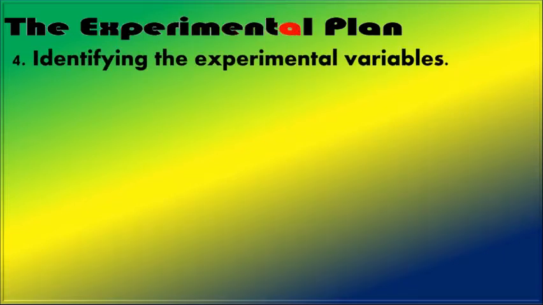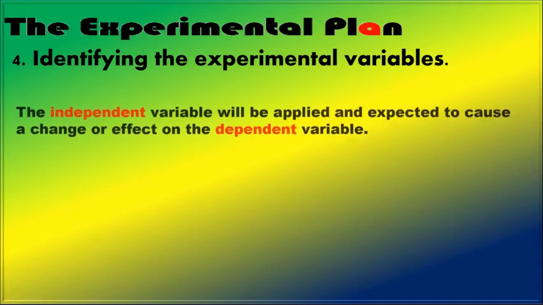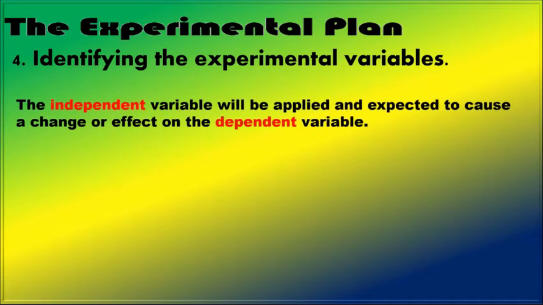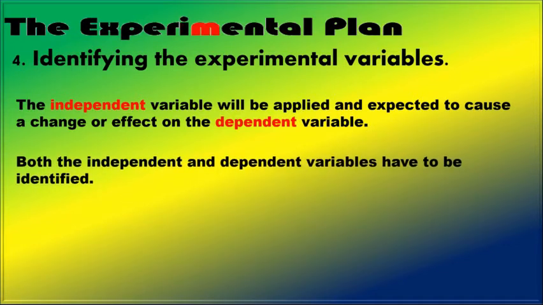Good morning, everyone. The next step in the experimental plan is identifying the experimental variables. The independent variable will be applied and expected to cause a change or effect on the dependent variable. Both the independent and dependent variables have to be identified.